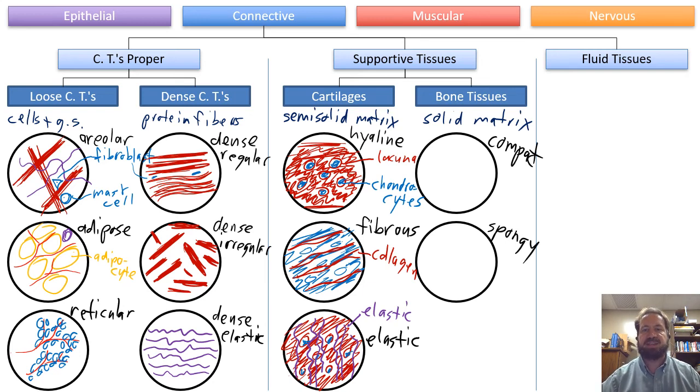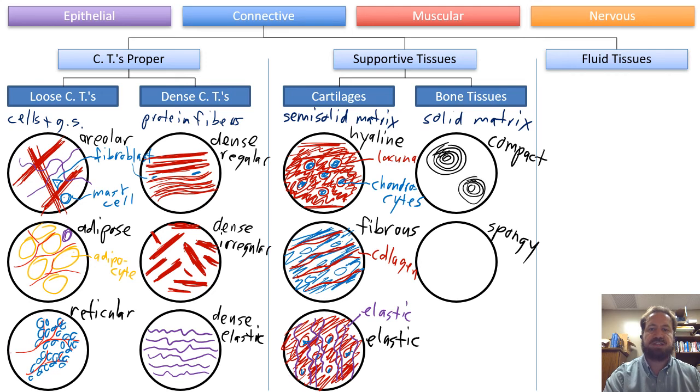If you look at the histology chapter in your textbook, it will just tell you that there is bone tissue or osseous tissue, and it will show you a picture of compact bone. But that's not the only kind of bone you have, and I think it's worth telling you that you've got more than one kind.